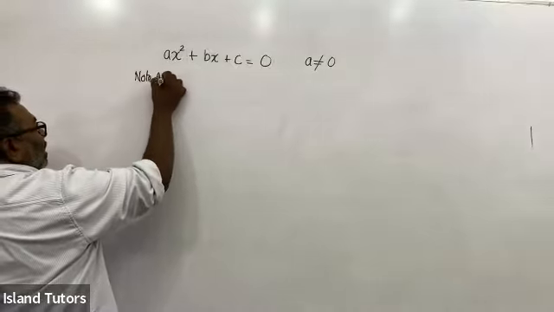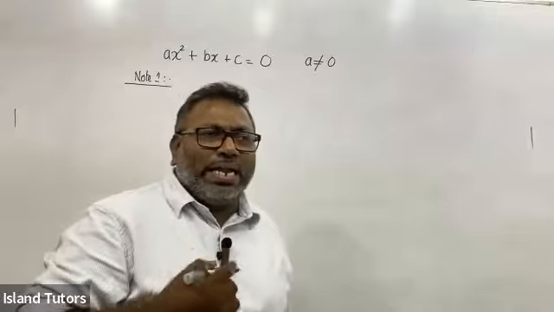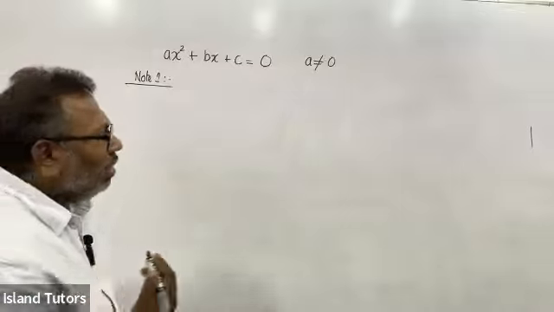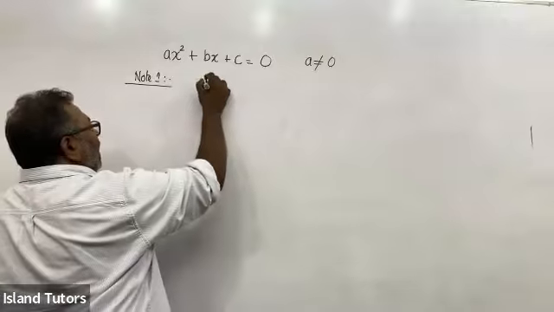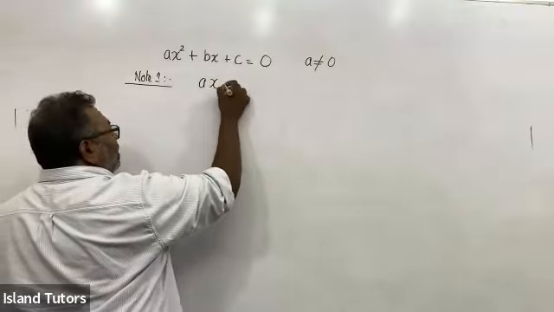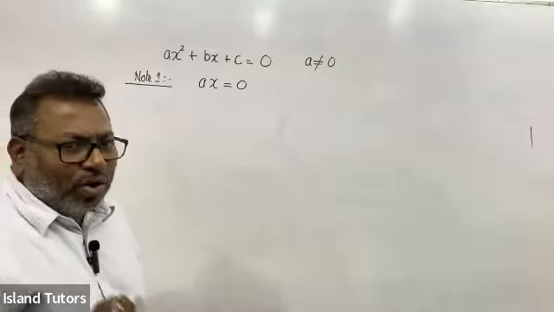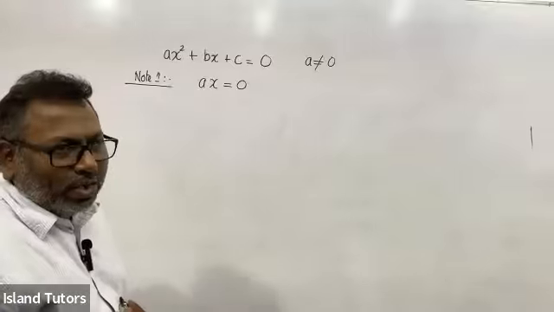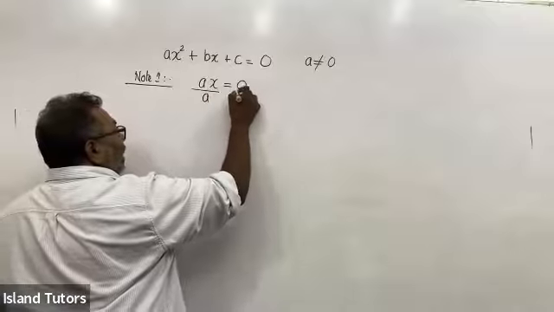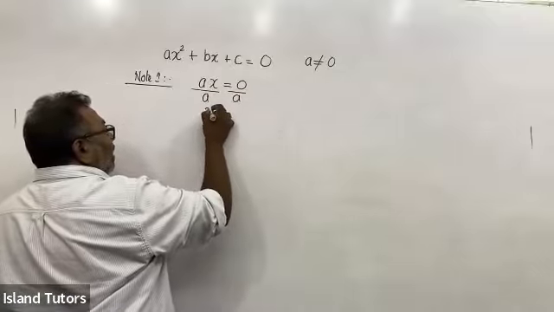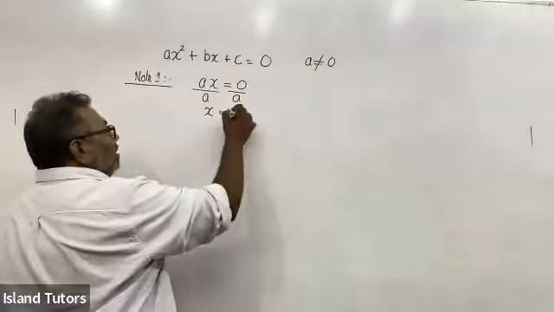Note 1, if you see in your cube, it says when you multiply any value by x and you get a 0, so we say ax is equal to 0, then if we want to find the value of x, you keep x over here, divide by a, divide by a, and x will take a value of 0.